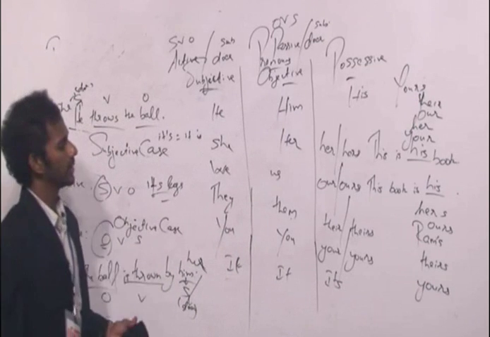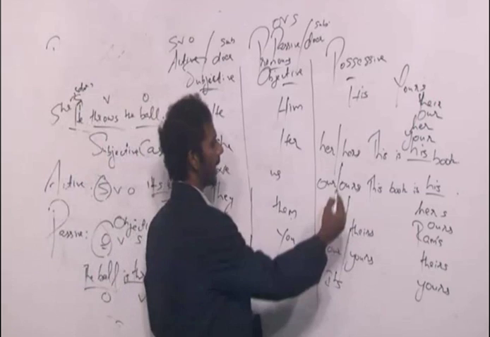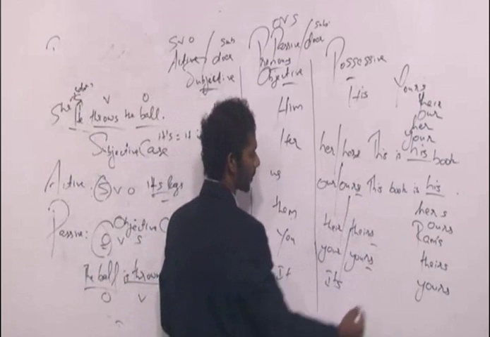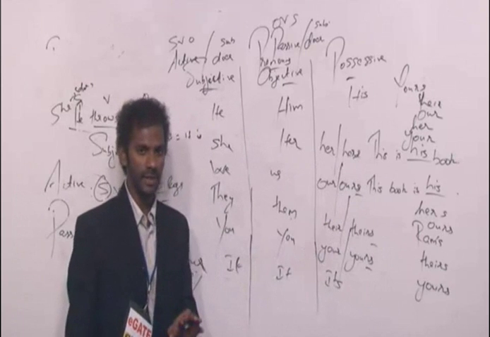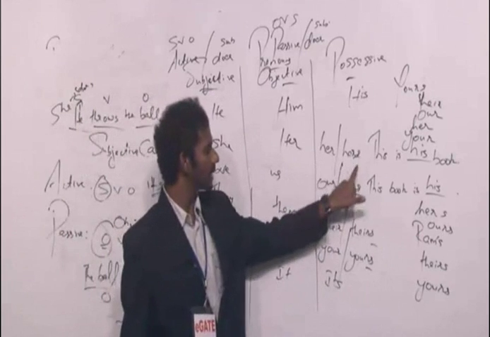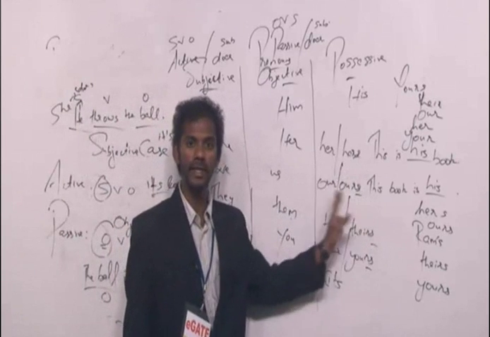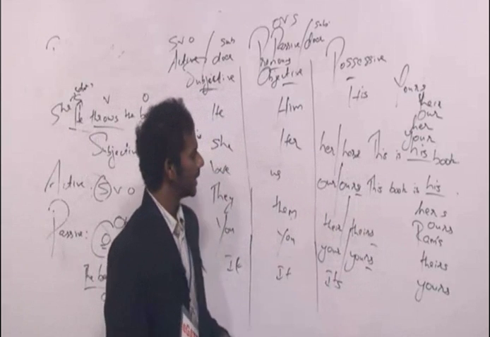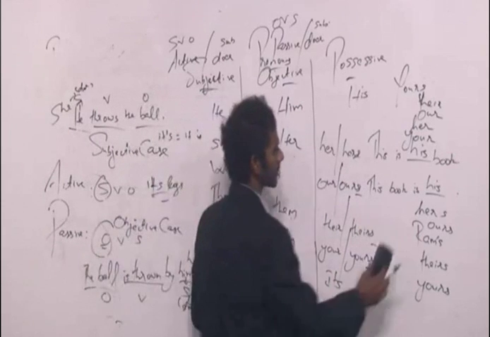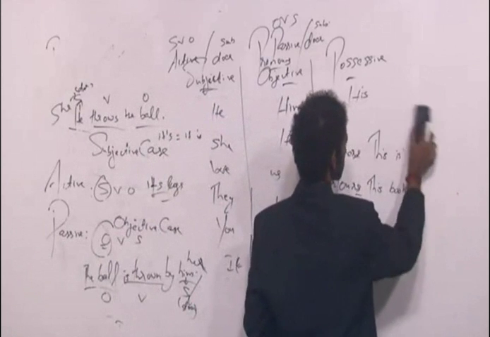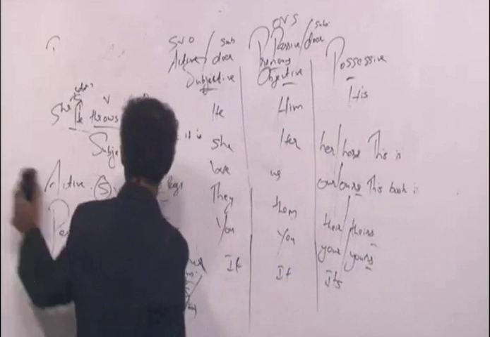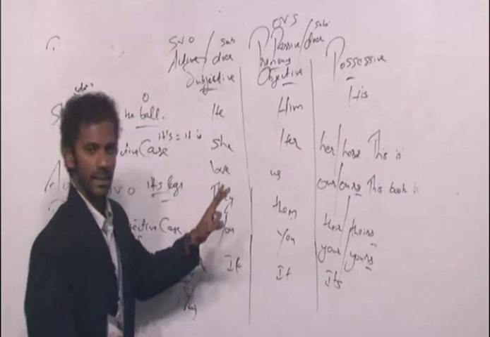Now come to this one. When to use s with the possessive pronoun and when not to use s. I'm not talking about apostrophe s, right? Clear? I'll take the same two sentences.